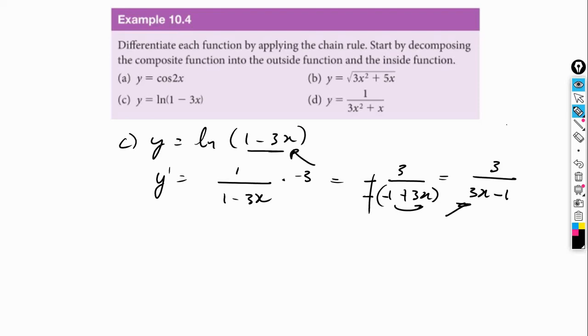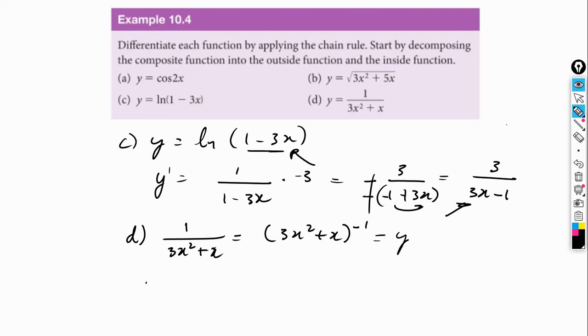So for D, we have 1 over 3x squared plus x. And we can simply rewrite this as 3x squared plus x to the minus 1. And then we can apply the chain rule to find the derivative. I forgot to say that this equals y.